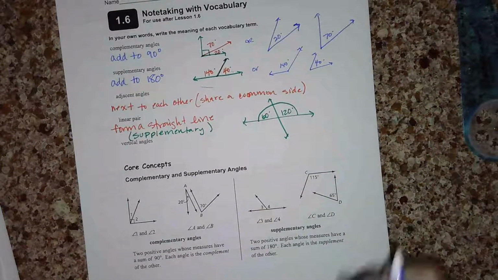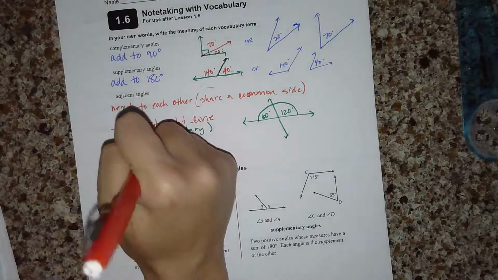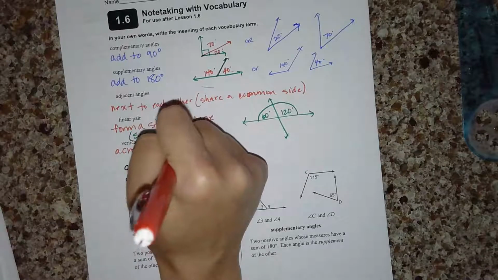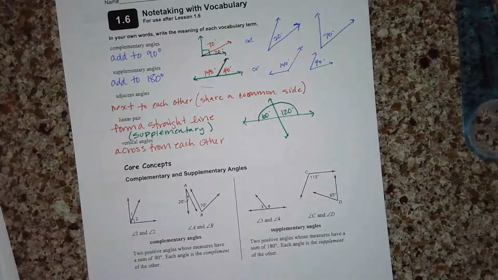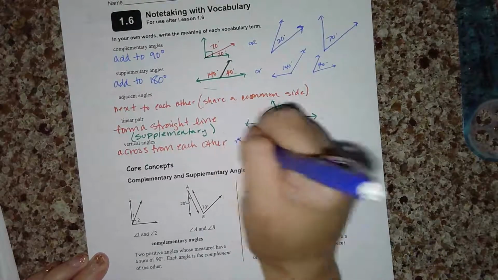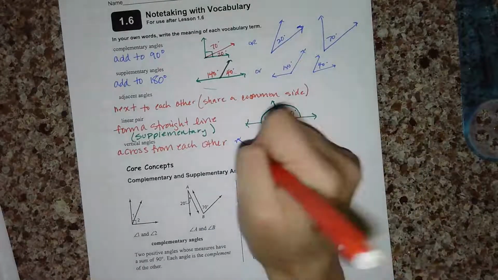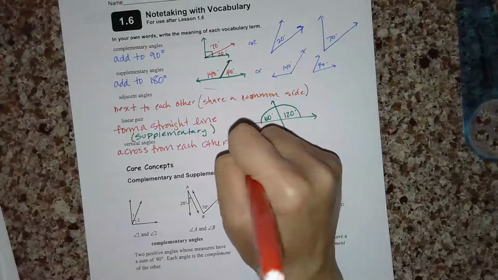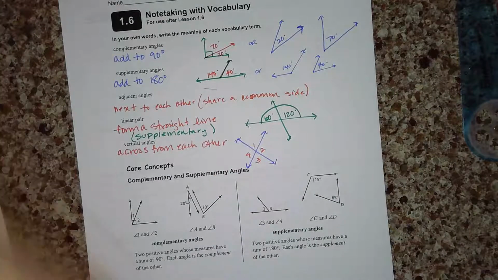Vertical angles. One thing I want you to know about vertical angles is they're across from each other. The best diagram I can give you would be something like an X. If I have two lines or two line segments, and let's say I call these angles 1, 2, 3, 4, vertical angles are two angles that are across from each other.